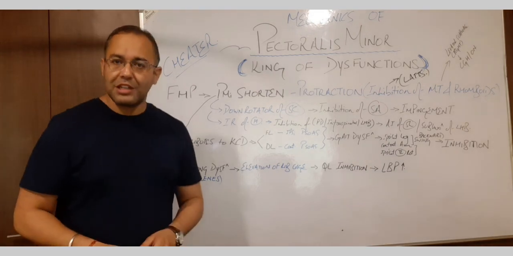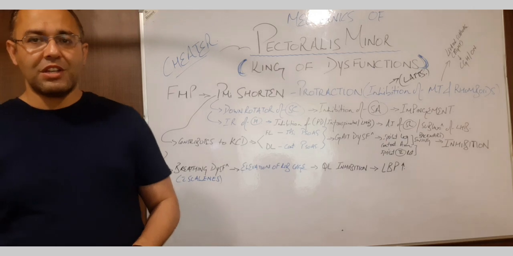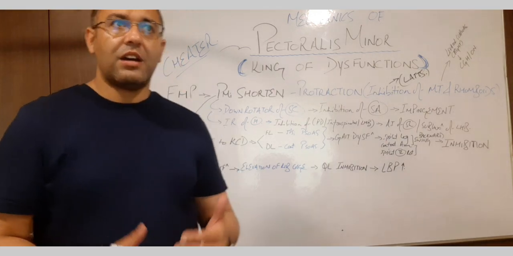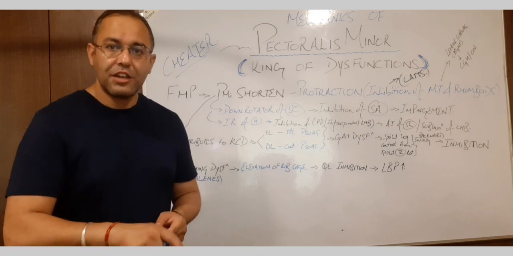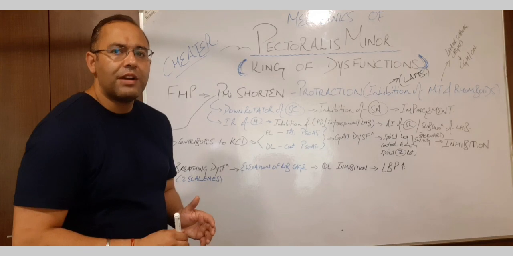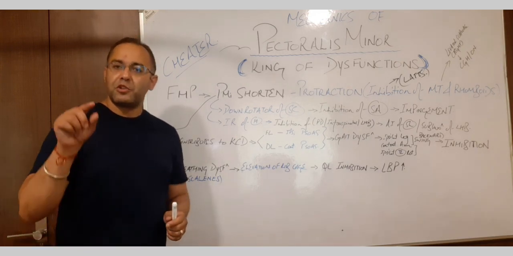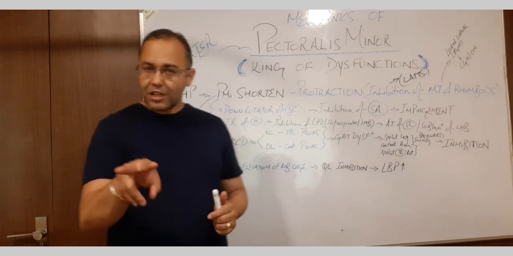Last but not the least, pectoralis minor also causes breathing dysfunction. But it majorly causes breathing dysfunction if the scalenes are also tight along with pec minor. When you have forward head posture and rounded shoulders, your pec minor is tight and your scalene muscle is also tight. So check both of them.